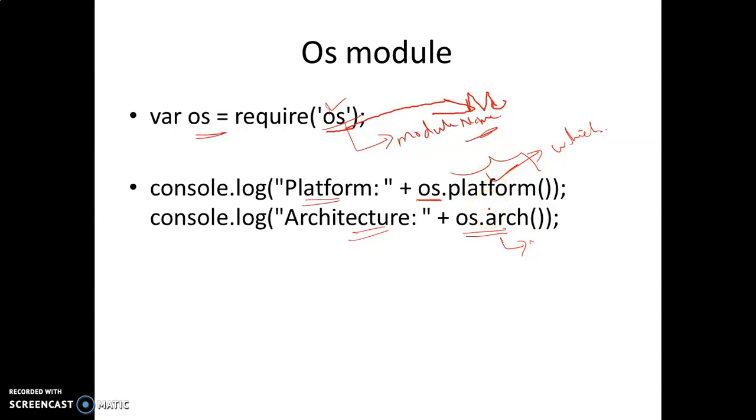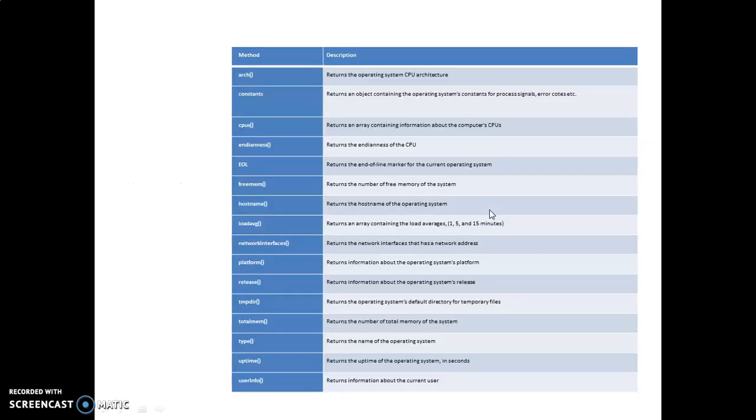There are a lot of OS related functions or methods specified in this slide. For getting the architecture, we are using a function called arch. To retrieve operating system constants, there is a function called constants.